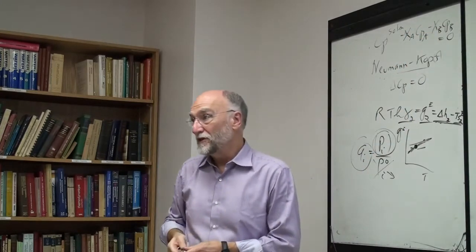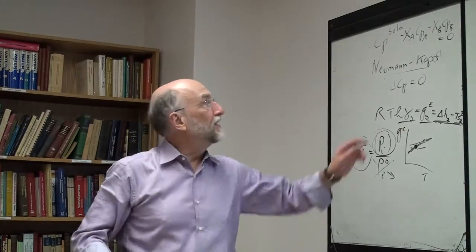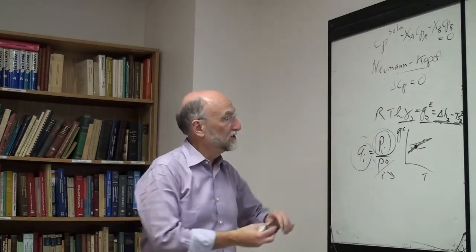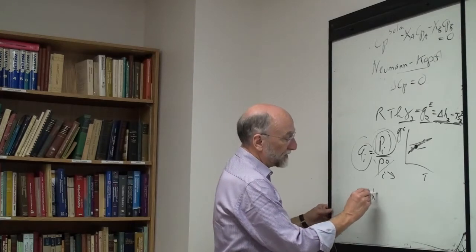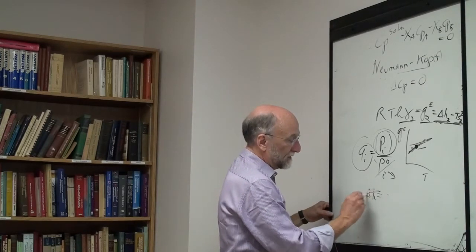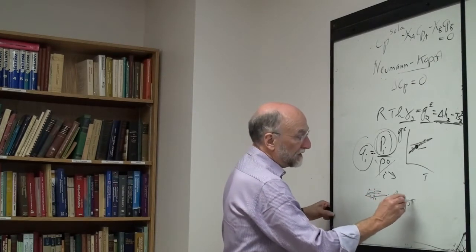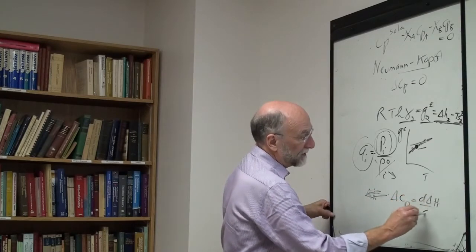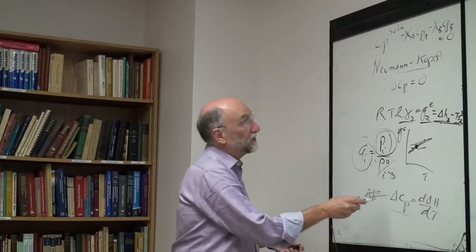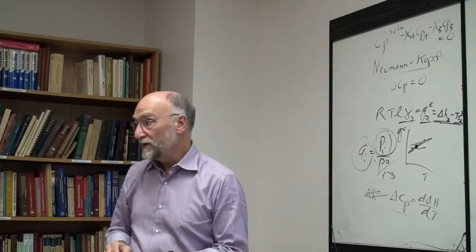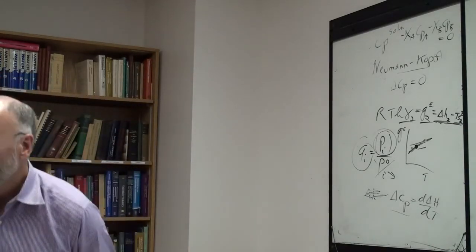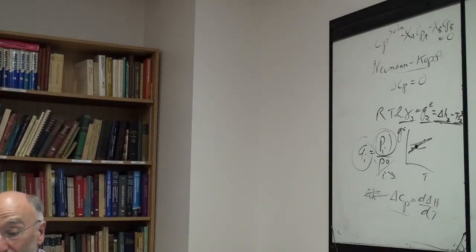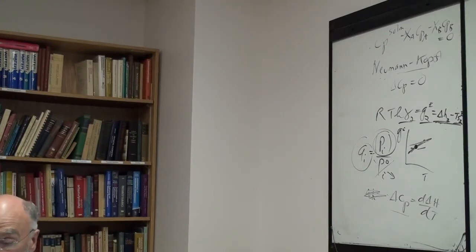We usually make that assumption. And if that's the case, then the delta Cp is d delta H of mixing dT. So if delta Cp is 0, then the heat of mixing is independent of temperature. We usually make that assumption, but sometimes there are temperature dependent values, and then you have to put them in.